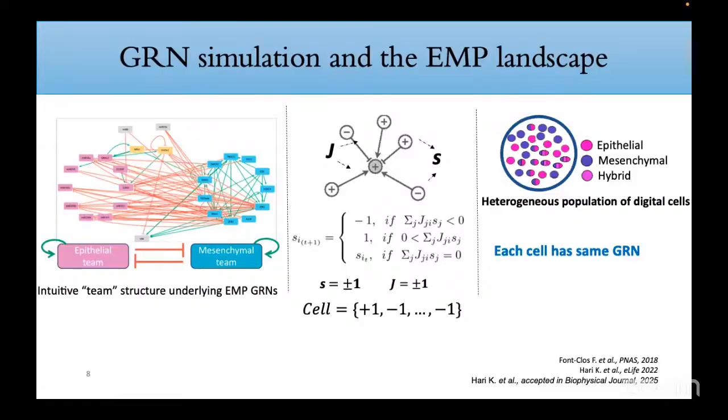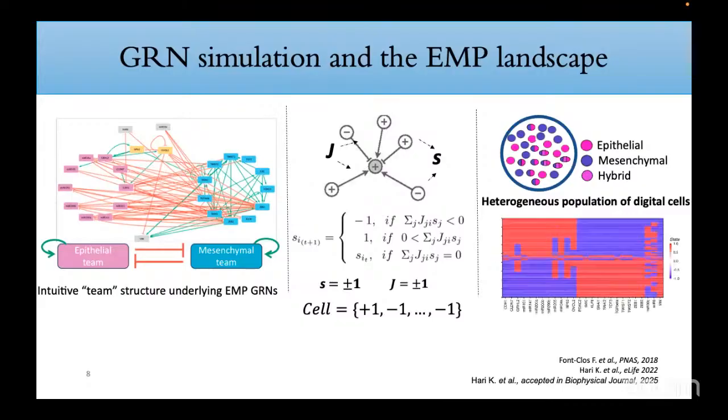And we simulate these networks at a large number of random initial conditions, giving rise to a heterogeneous population of digital cells, which looks essentially something like this. Each row is one instance of the simulation, and what I'm showing here are the steady states. You can clearly see that there are three classes of steady states here.